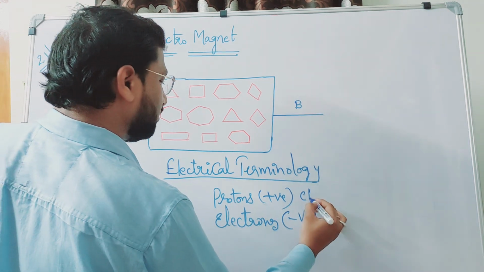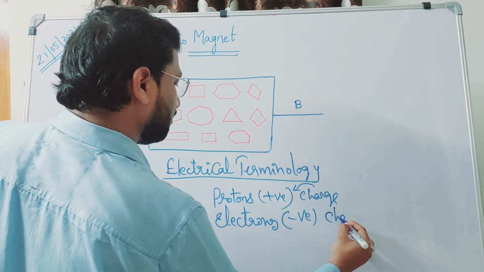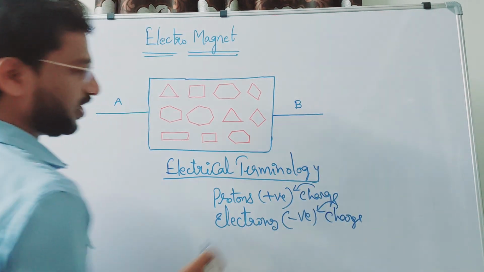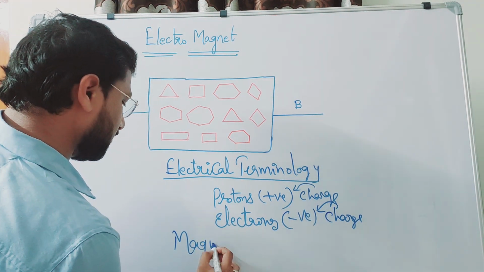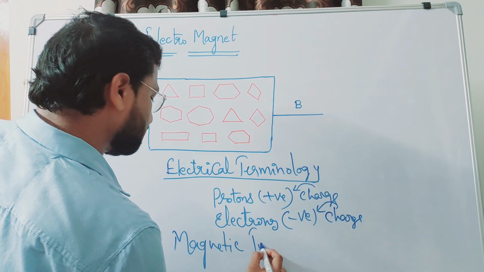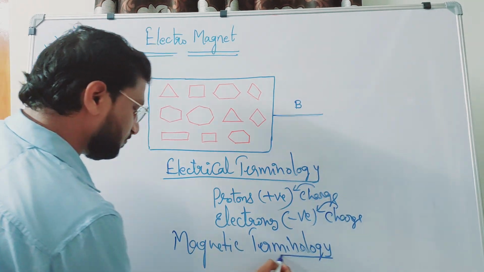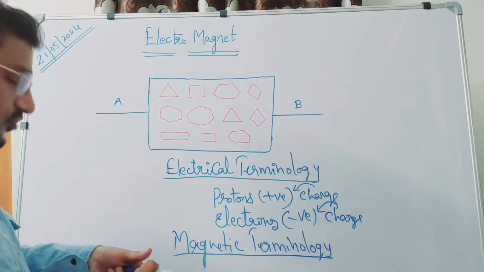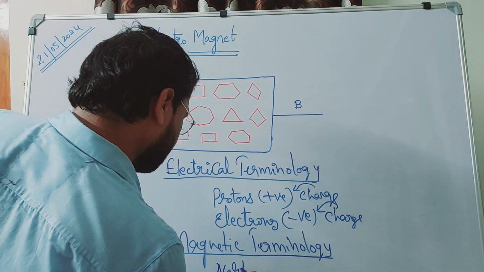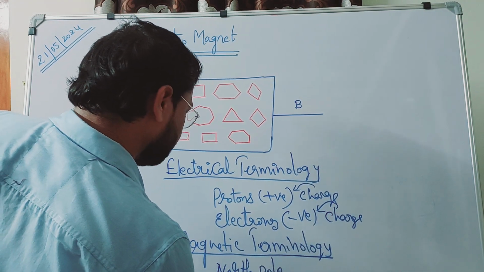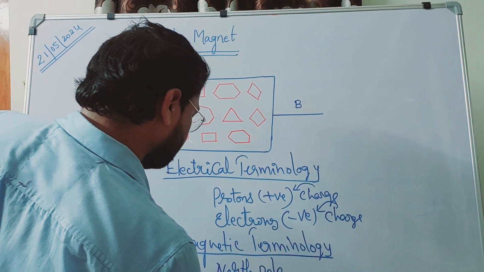The charge of the proton is positive, and the charge of the electron is negative. Similarly, in case of magnetic terminology also, we have a few things to know. One is the north pole, and the other one is the south pole, right?